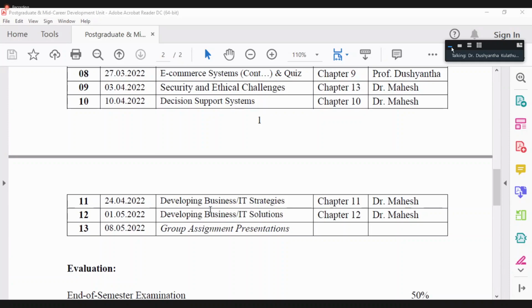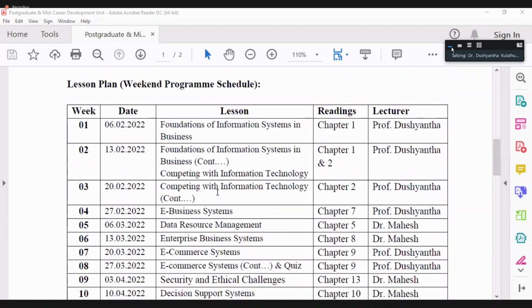So we will be conducting lectures during the other 12 weeks, and I will be starting with chapter 1, that is foundations of information systems in business, which will be continued in the second week also. And I will be starting with chapter 2, that is competing with information technology in week 2, and that will be completed in week 3.